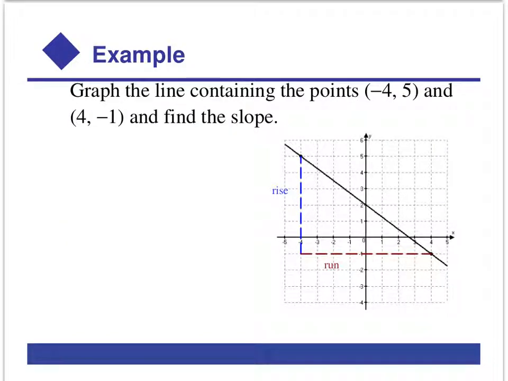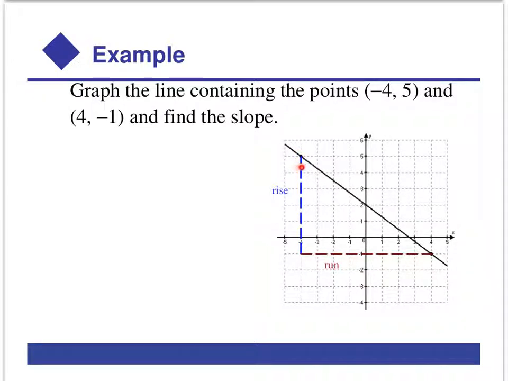Okay, it says graph the line containing the points. So we can graph the lines, or we can look at where the points are. If you graph the points first, this would be (4, -1), and this one is (-4, 5). So it says it's rise over run.